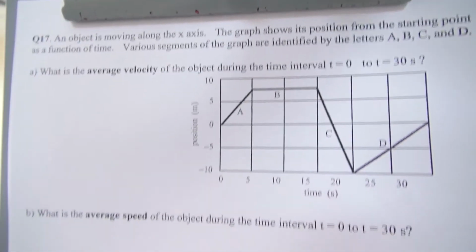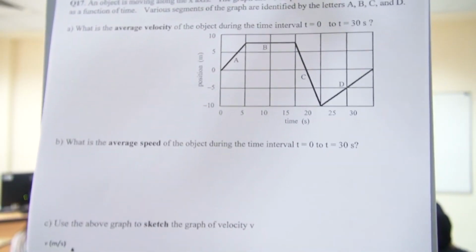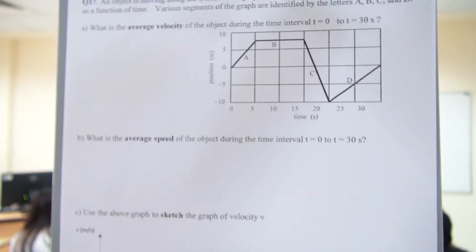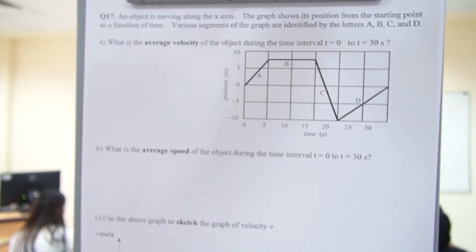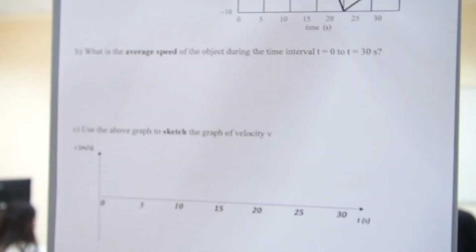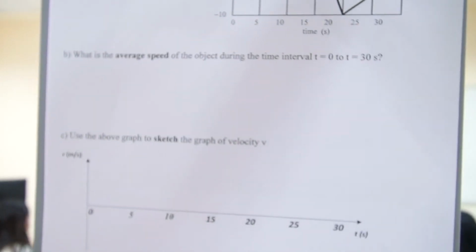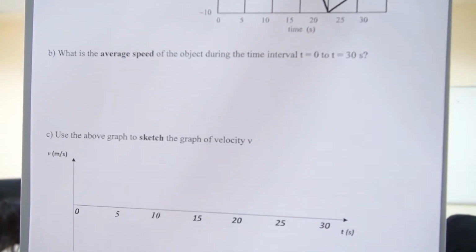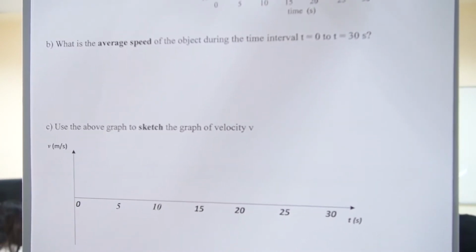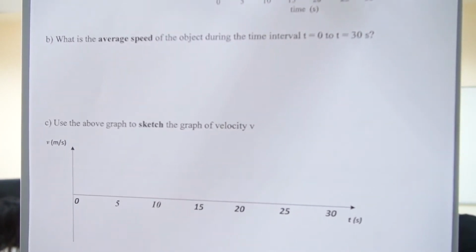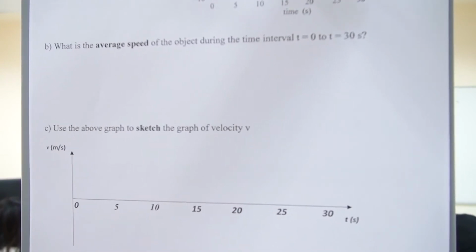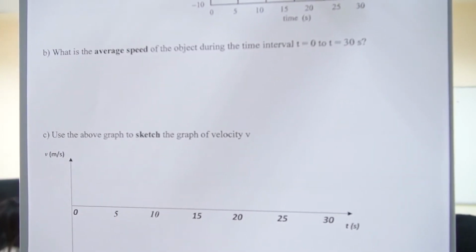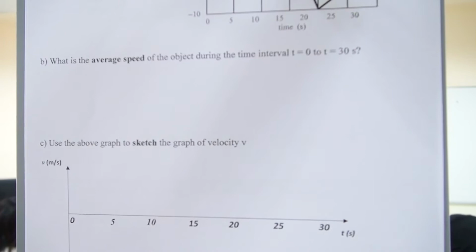Part B. What is the average speed from 0 to 30? Part C, sketch this xt graph as a velocity time graph, sketching only, but keep the time scales the same.